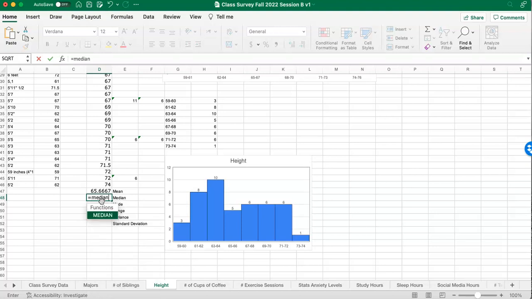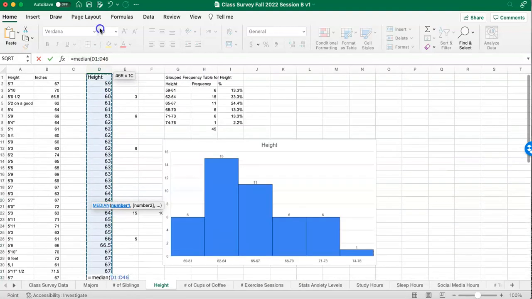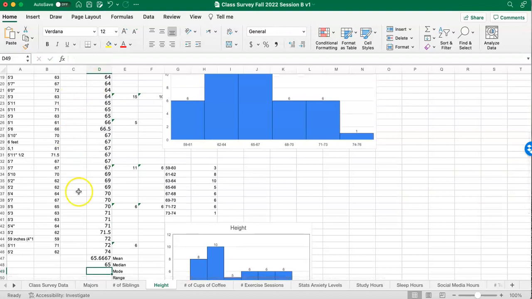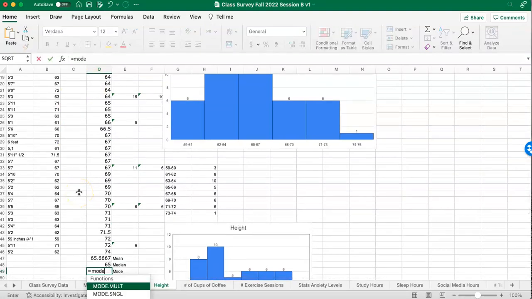Now let's take a look at the median so that we can determine whether or not this is a skewed distribution, because it looked like from the shape that it was, right? So 65, well, maybe not. And then let's take a look at mode. I think there's only one, is that right?